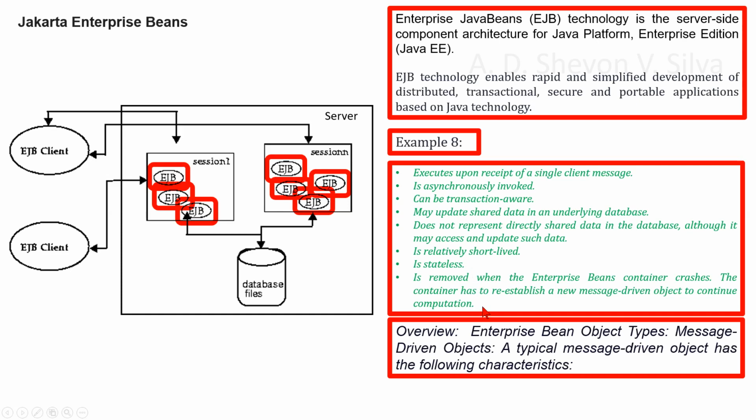The container has to re-establish a new message-driven object to continue computation. Typical enterprise bean containers provide a scalable runtime environment to execute a large number of message-driven objects concurrently.